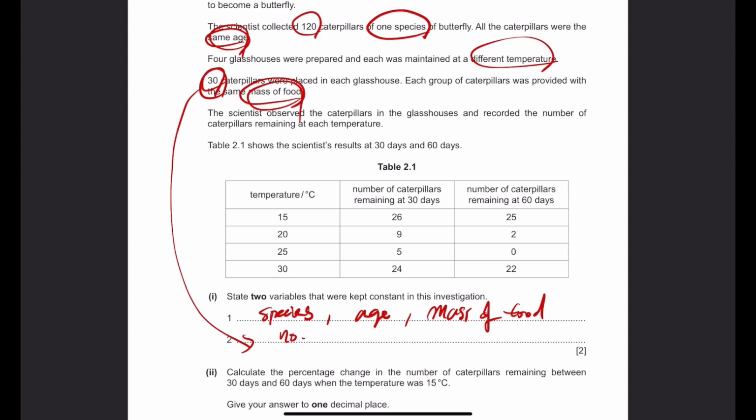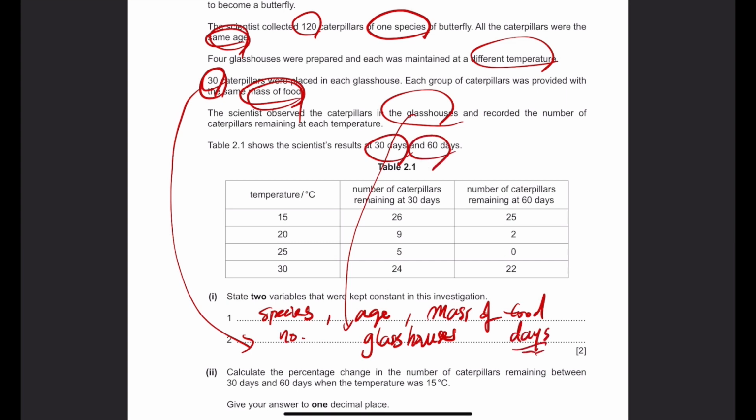And they're all kept in glass houses. It's probably the same glass houses. And it says, okay, 30 to 60 days. So days, time, right? The number of days as well.